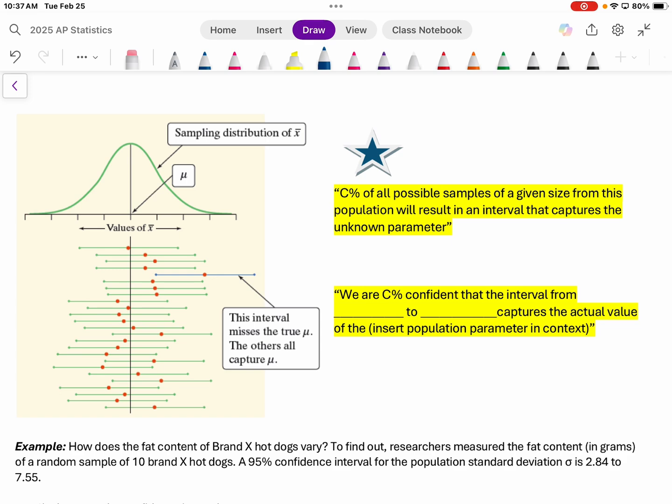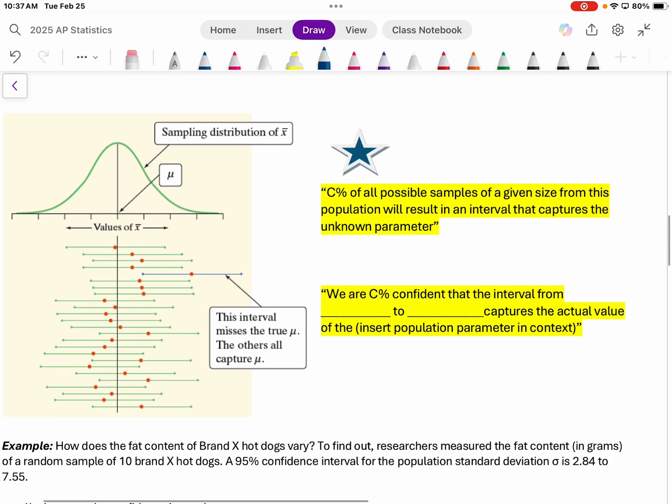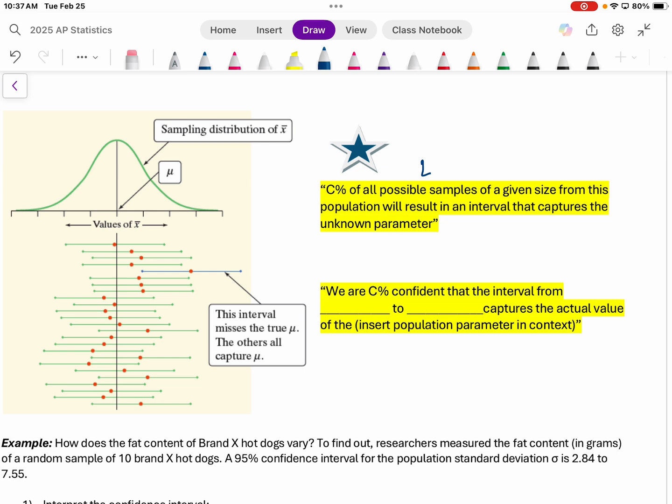So the first script that we see up here is the confidence level interpretation. We would start off saying that whatever percent of all possible samples of a given size, so we want to make sure we specify the size.